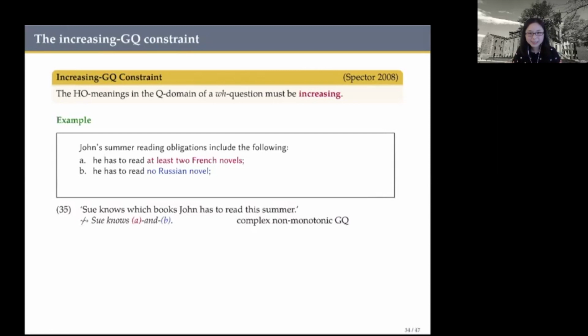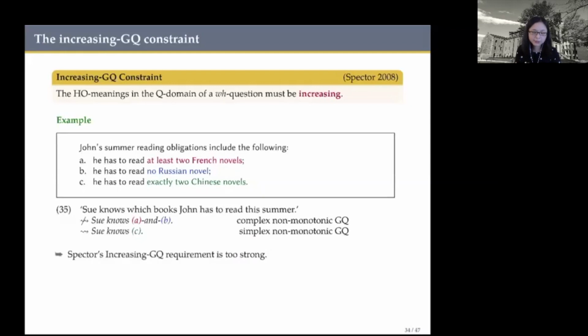What I'm going to do next is think about the consequences of applying this test to a broader range of generalized quantifiers. The example here is just repeating what we have, but I'm going to add one more ingredient. In addition to requirements A and B, there is an additional reading requirement that John has to read exactly 2 Chinese novels. With this newly added reading requirement, it seems that 35 also implies that Sue knows that John has to read exactly 2 Chinese novels.